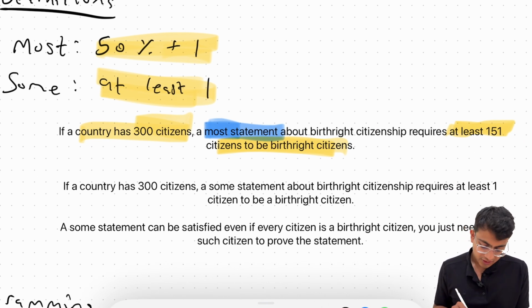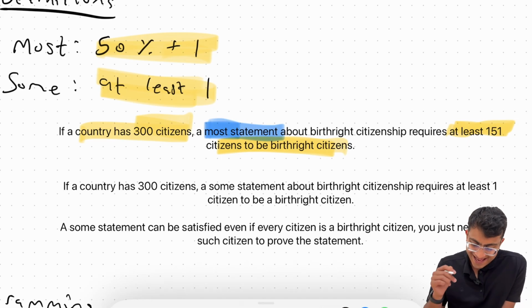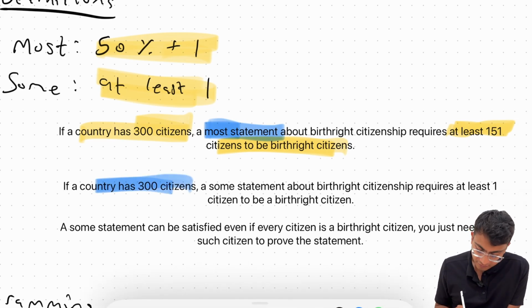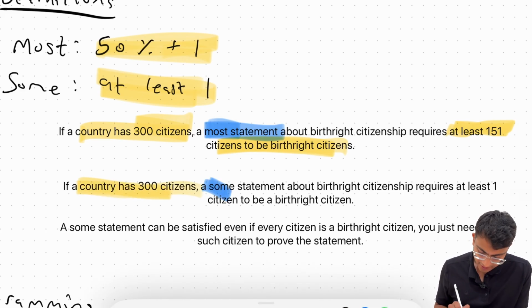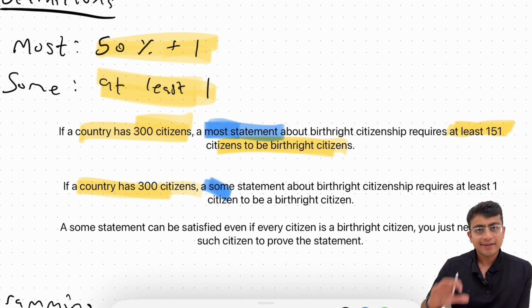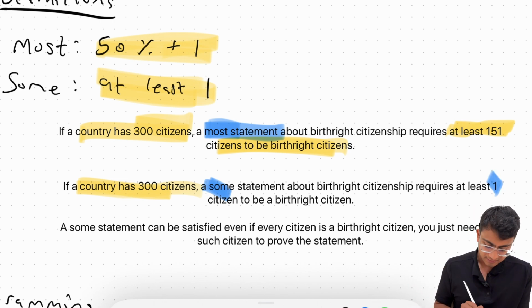And 300 divided by 2 is 150, plus 1 is 151. If a country has 300 citizens, again, same example, but now we have a some statement. A some statement about birthright citizenship requires at least 1 citizen to be a birthright citizen.